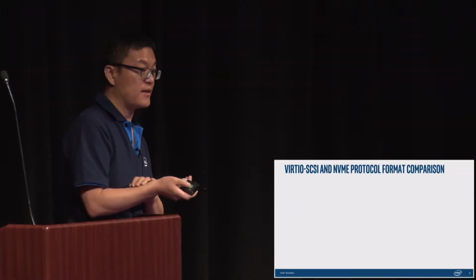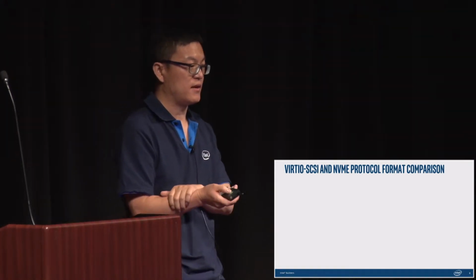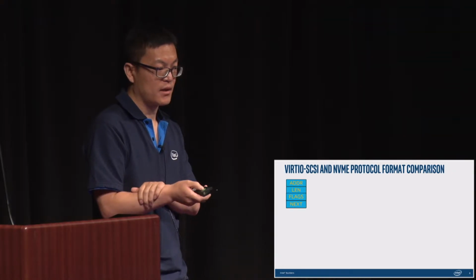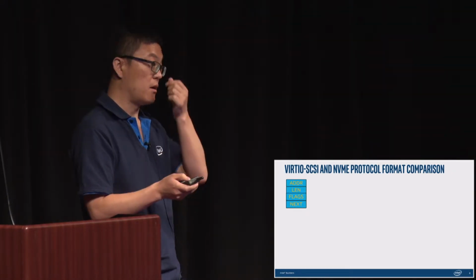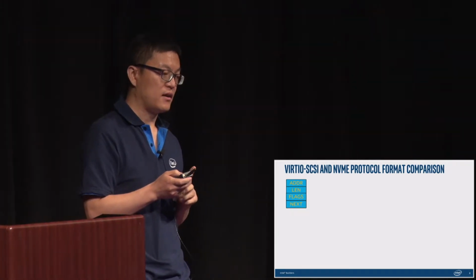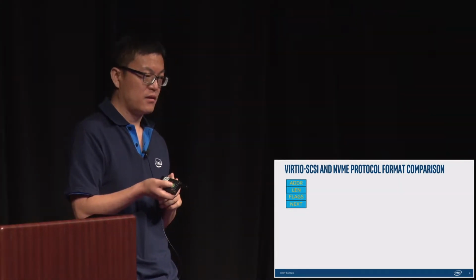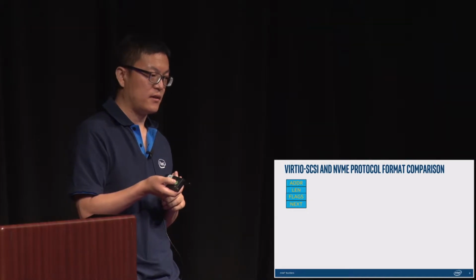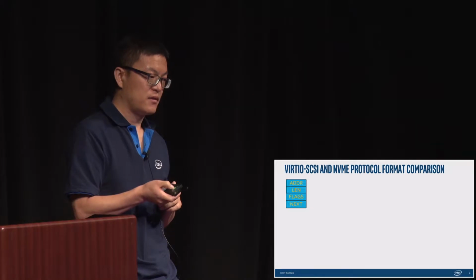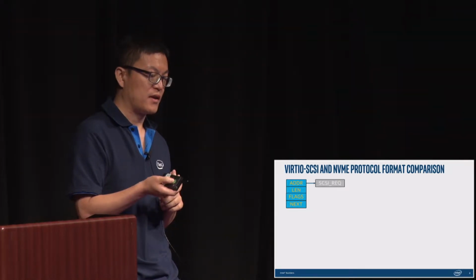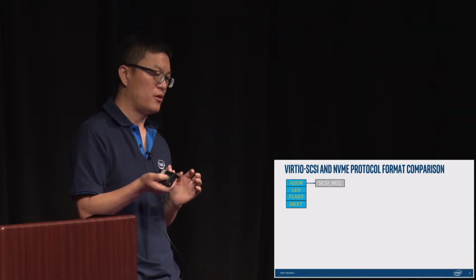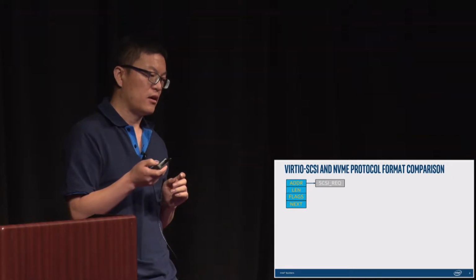Here I'll give an example to compare the vhost-user and NVMe protocol formats. Let's assume we have just one request, and this request has only one data segment. For the vhost-user protocol, it must use 3 descriptors. The first one points to the SCSI request, which most likely occupies 62 bytes.